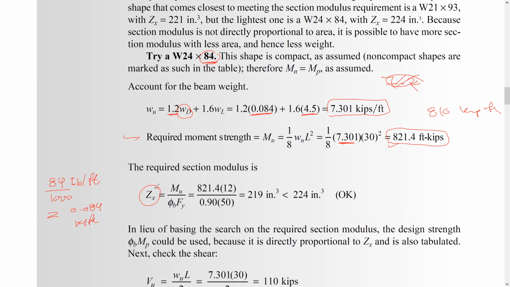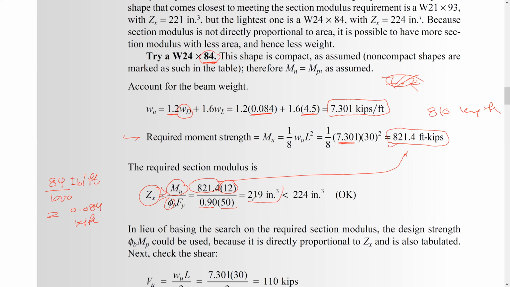the elastic section modulus. If you remember, this should be greater than or equal to Mu, and Mu here is the new value, which is this one times 12 here to convert it to inches, divided by phi here 0.9.